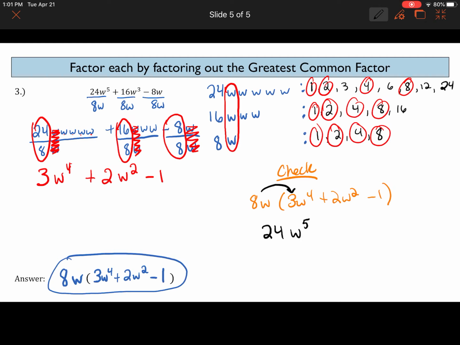Remember, we just add our exponents when we multiply. This is really like W to the 1. 8 times 2 gives me 16. W to the 1 times W to the 2 is W to the 3. 8 times negative 1 is negative 8. Since there's no W here, we just bring down the other W. And that's exactly what I had in my original problem. So we know our answer is correct.